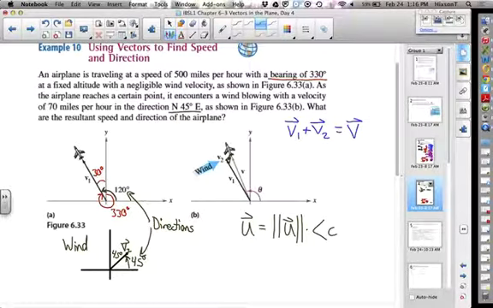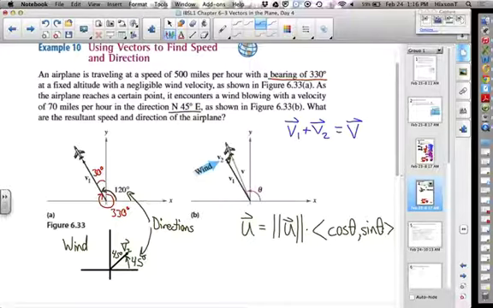And the unit vector we said was cosine of the angle, sine of the angle. And we took that straight from the unit circle. The points on the unit circle are cosine, sine. So the position vector for those points would be cosine, sine.